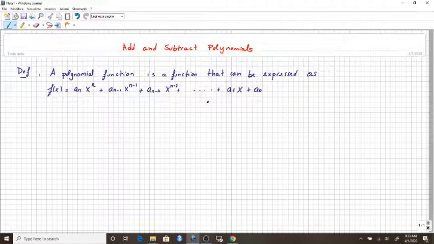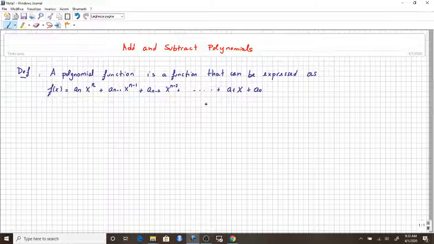Now this definition looks very abstract, okay, but we should be already familiar with the polynomial function. In fact, we have seen already linear polynomial functions, and we have seen already quadratic polynomial functions.